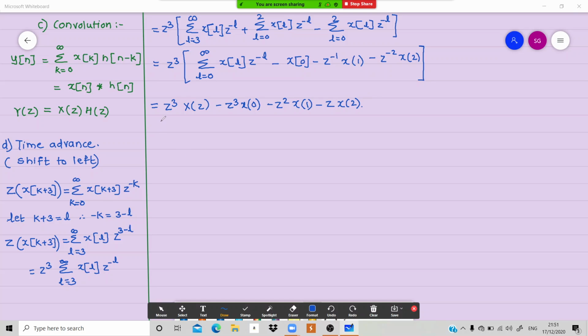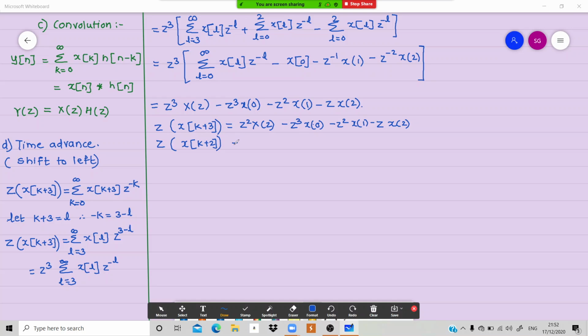Okay, this is what? Z transform of x(k+3). How are you writing? z cube X(z) minus z cube x0 minus z square x1 minus z x2.